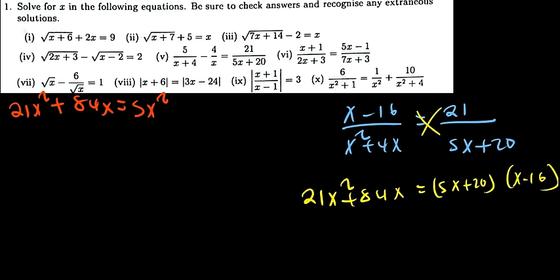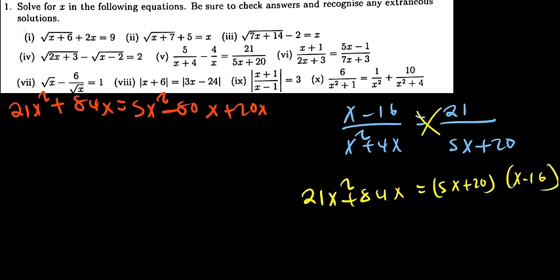Then 16 times 5, isn't that supposed to be 80? 16 times 5, it should be 80, yeah. So it is 80, but negative, because 16 has got negative 80x. Then 20 times that one is plus 20x.